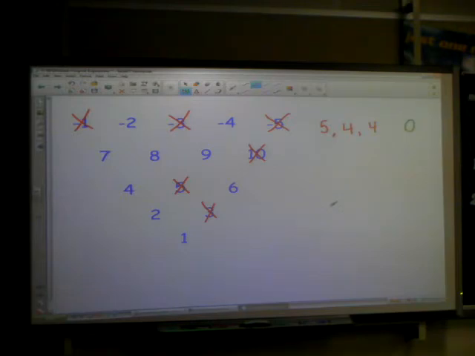So lots more you can get. Sierra? 5 to the 0 power, square root of 0.